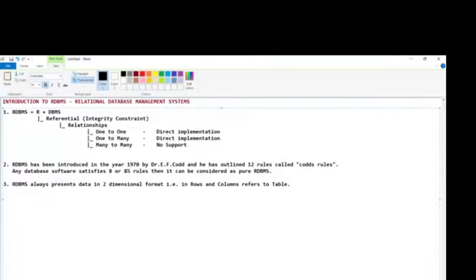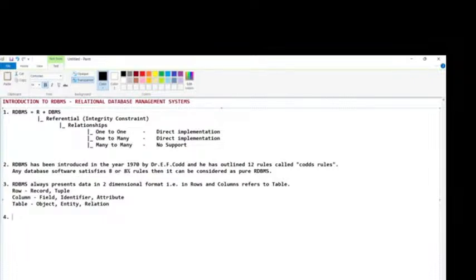And remember, a row you call a record; in some software they call it a tuple. A column; in some software they call it a field, an identifier, or an attribute. A table; in some software they call it an object, an entity, or a relation.